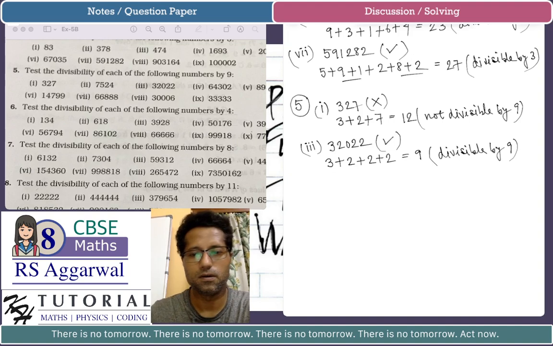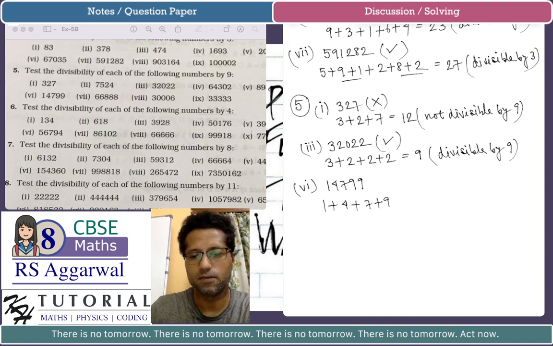Let's do number 6. 14799. The sum of the digits is 1 plus 4 plus 7 plus 9 plus 9.